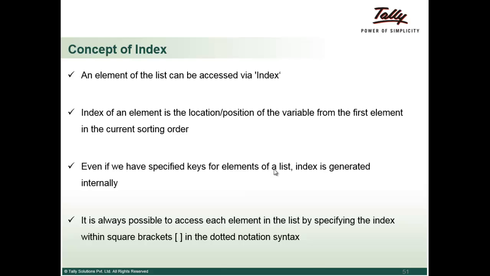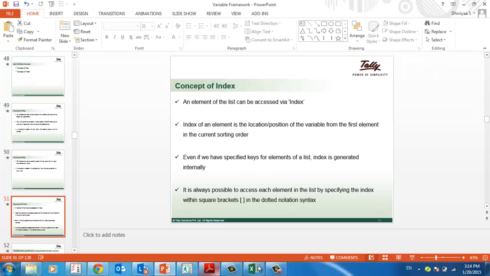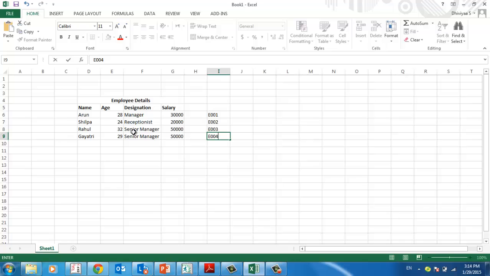So an array of variables will be created, and this index is generated internally. A user need not specify it. For example, we have 4 employee details.